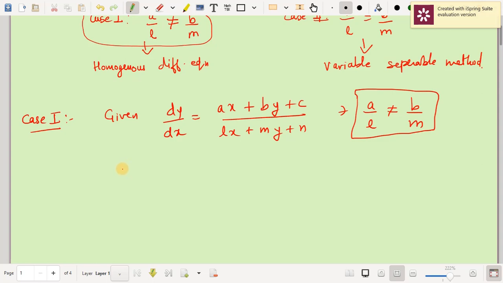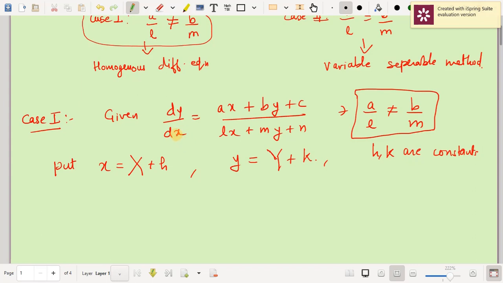So we put x equal to the new independent variable, capital X, plus h, and small y, the old dependent variable, equal to capital Y plus k, where h and k are constants. We choose h and k so that the given differential equation becomes a homogeneous differential equation.